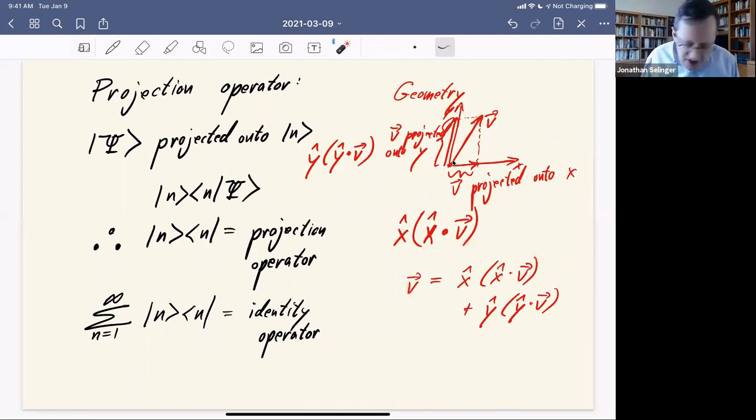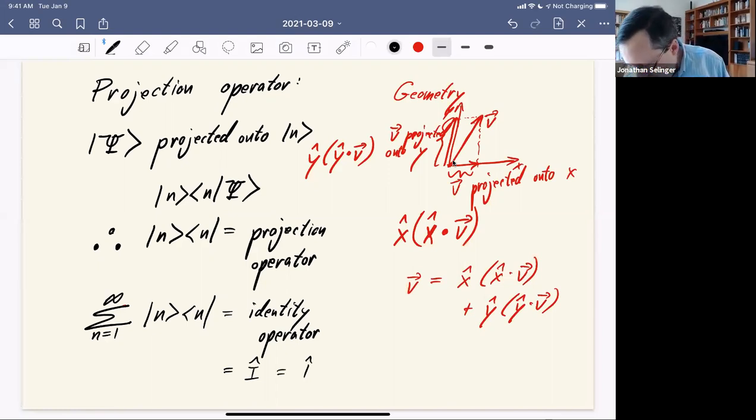The identity operator is something we might write as I hat, or we could write it as 1 hat. That is, it's the operator that operates on a function by multiplying that function times 1. So it does nothing to the function.